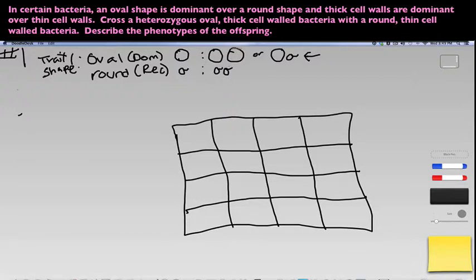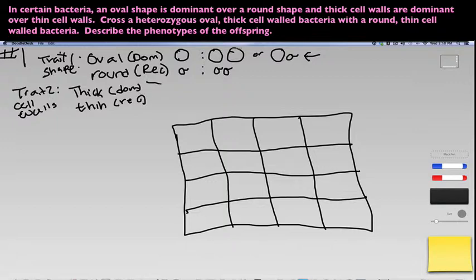So let's come over here and look at trait number two. Trait number two is going to be for cell walls. So having thick cell walls is dominant over recessive. So thick cell walls is dominant. Thin cell walls is recessive, so you make sure you write that down. And the letter we're going to use for this trait is a T, because it's the first letter of the dominant allele.